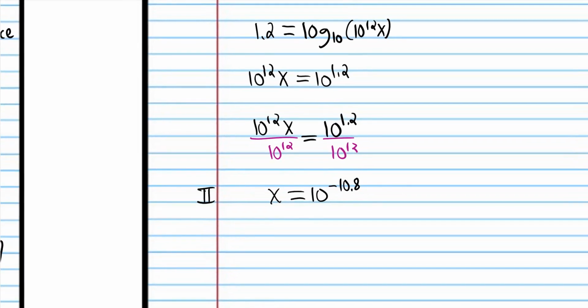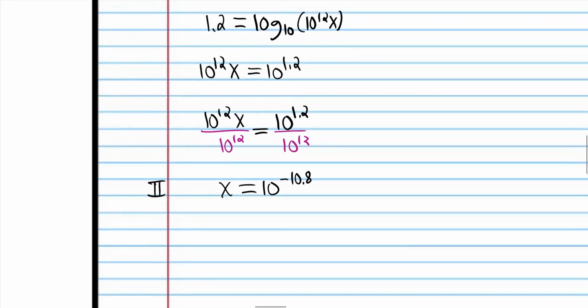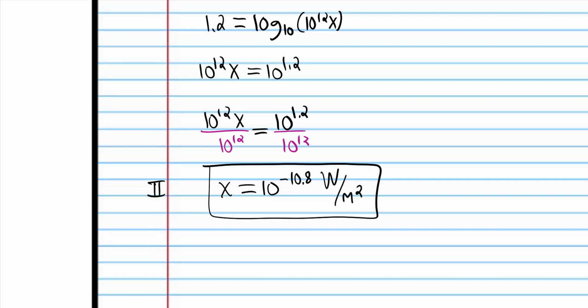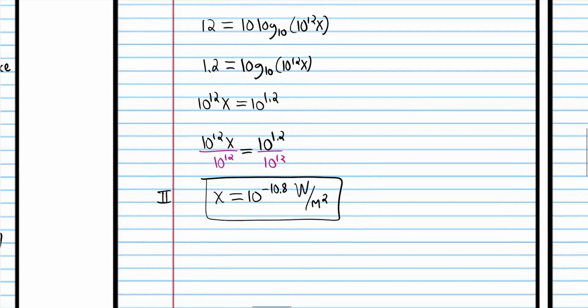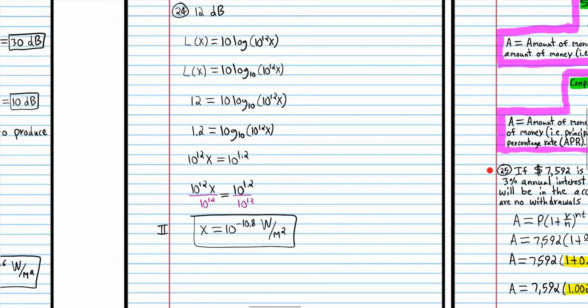So that's a very, very small number. And it's so small that we're going to just want to keep it in this form. We could use something called scientific notation to write that, but we don't want to get mixed up with that right now. This is not a science course. So there you go. If you got that right, excellent.